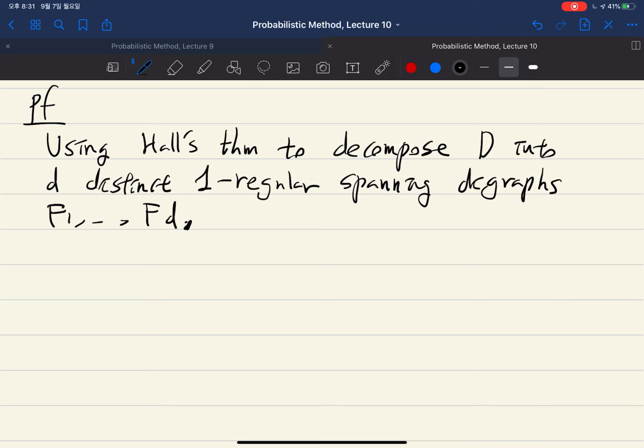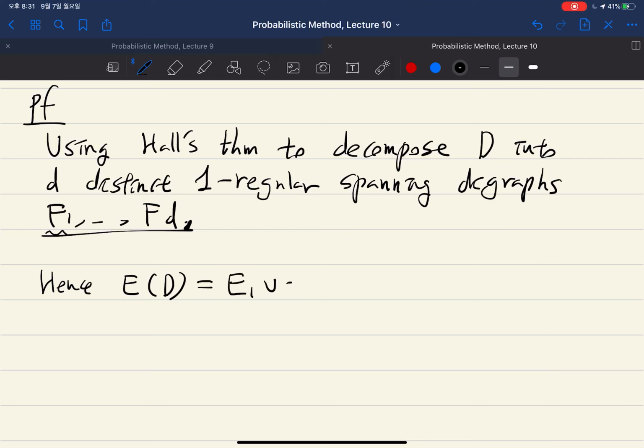So what does it mean? Each one of them is a one-regular spanning digraph, meaning that every vertex has out-degree 1 and in-degree 1. So it's actually a disjoint union of cycles. In other words, each Fi is a disjoint union of cycles.